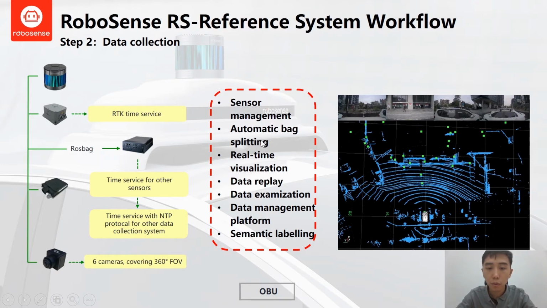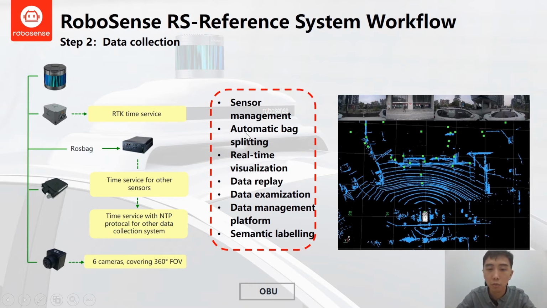For automatic bag splitting, in a real test we may run over 4 hours of data collection in one day, and we may collect a huge amount of data. What we don't want to see is all the data recorded in one raw spec file, right?